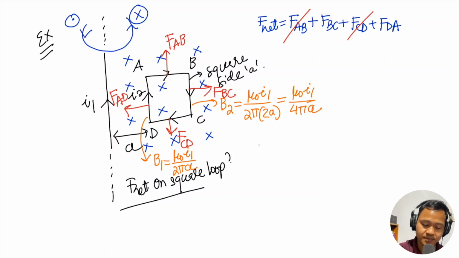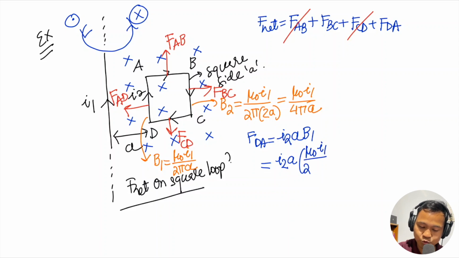So FAD is I into L into B. That means I2 into A into mu naught into I1 divided by 2 pi A, which is mu naught into I1 into I2 into A. A gets cancelled out, divided by 2 pi.